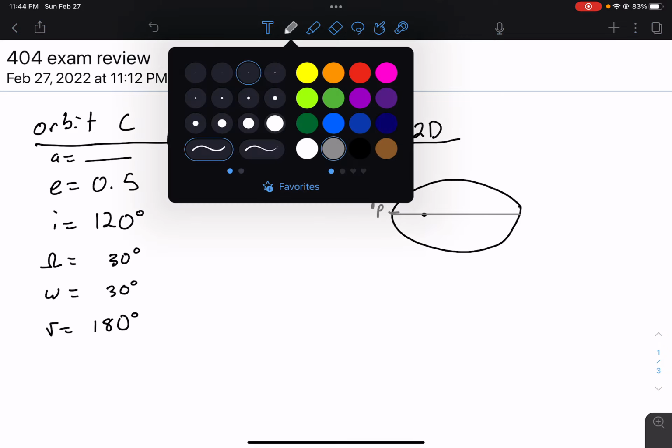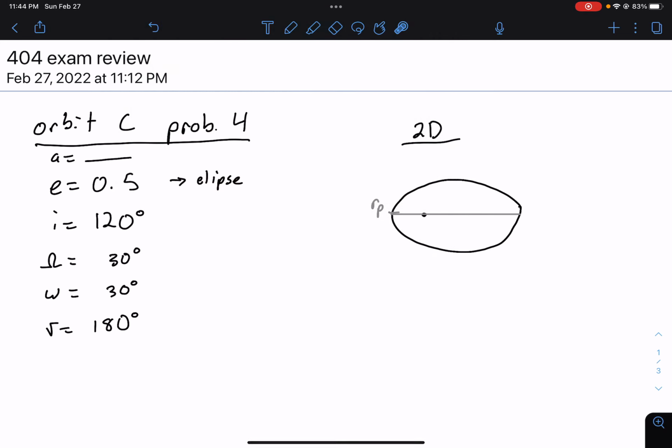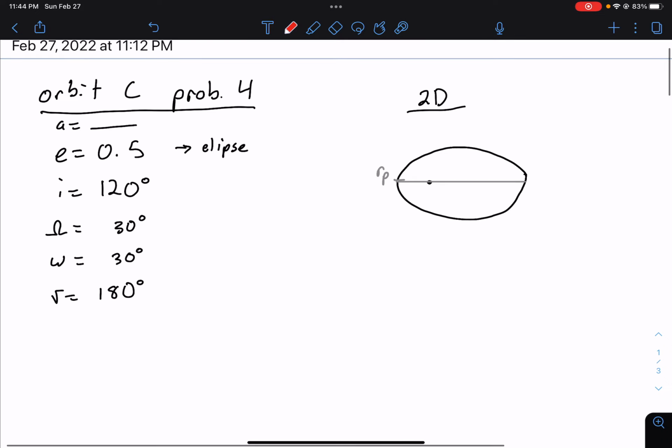What's next? Well, we want to look at these other elements. What do we actually need? We needed the eccentricity. Now let's take a look at the inclination. A real quick 3D sketch, not even drawing, but just the coordinate system.